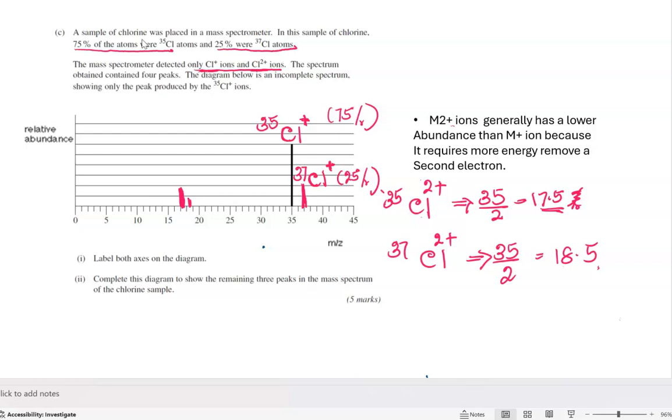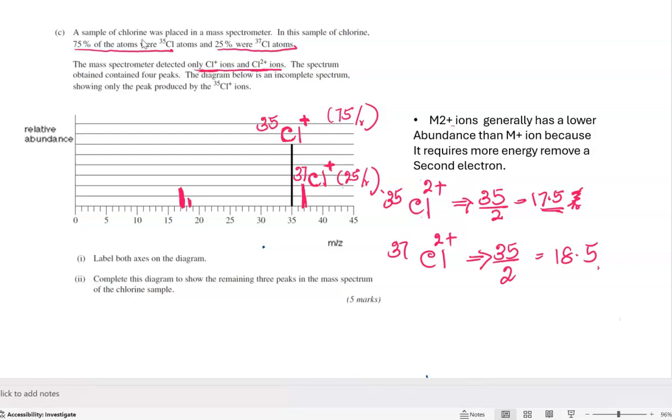So this is the peak shown in the spectrum, that is due to chlorine 35 1 plus. Then we have chlorine 37 1 plus, that is 25%. Now the M2 ion generally has lower abundance than the M1 ion because it requires more energy to remove a second electron.